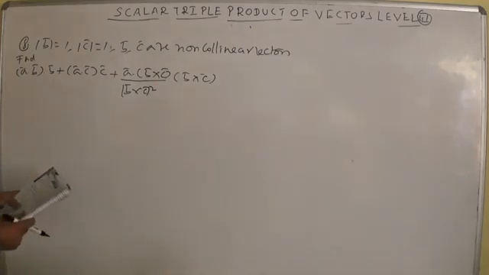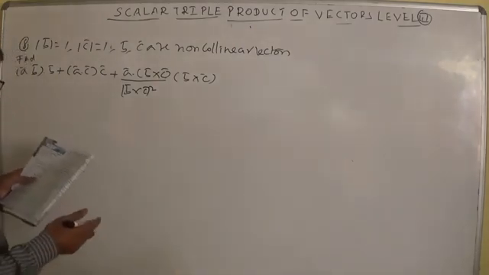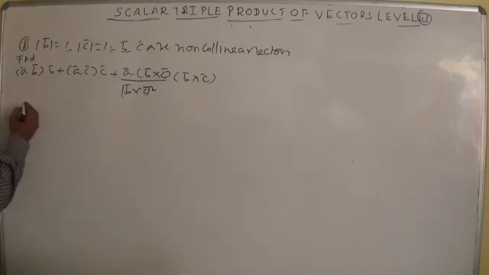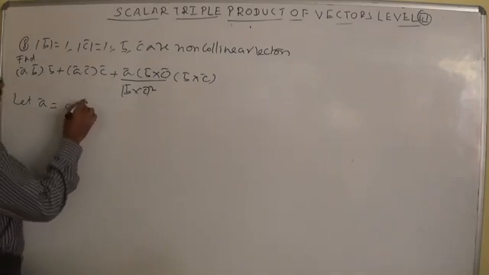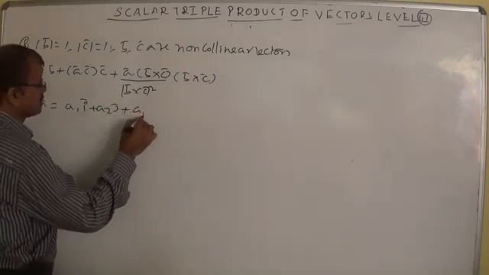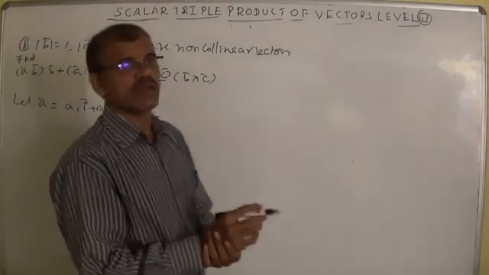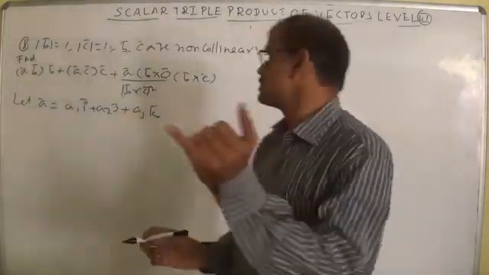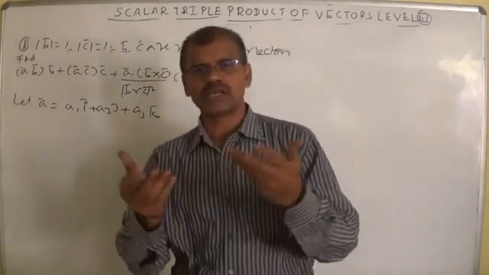Here it is said that the two non-collinear vectors are unit vectors also. Let A bar be any vector; in general notation A bar is equal to A1 i plus A2 j plus A3 k. If B and C are non-collinear vectors, in general notation non-collinear means i, j, k.